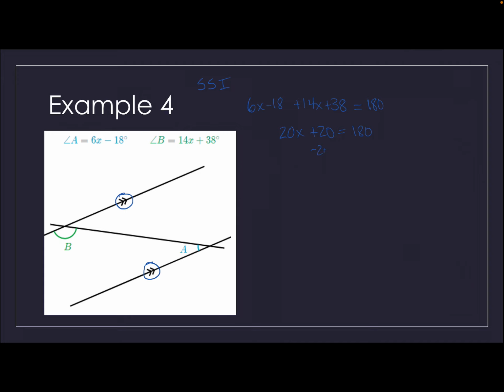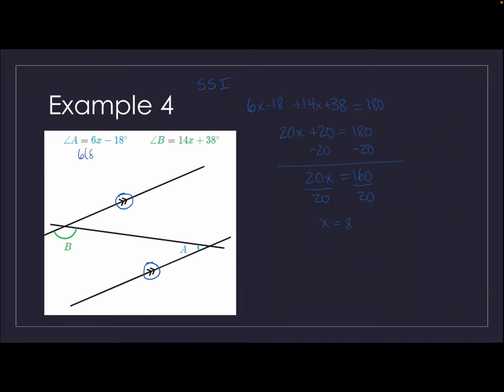Next, we subtract 20 from both sides, and we get 20x equals 160. Then we divide both sides by 20, and we get x equals 8. So again, you should not stop with x equals 8 because when you solve an equation, you always get a number. You should go back and verify that their value makes what you know to be true actually true.